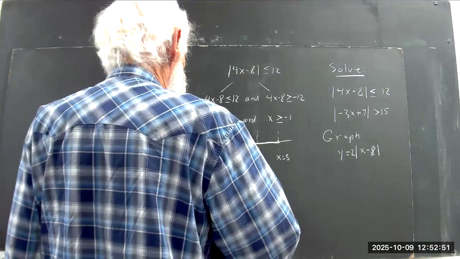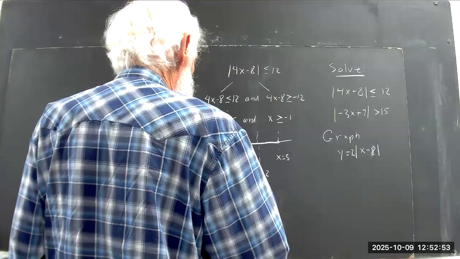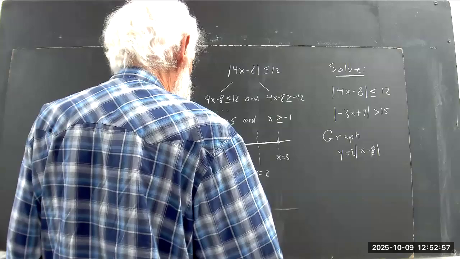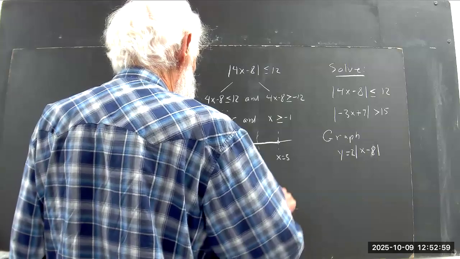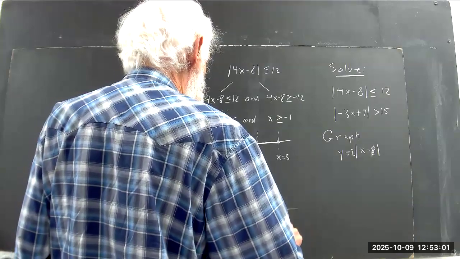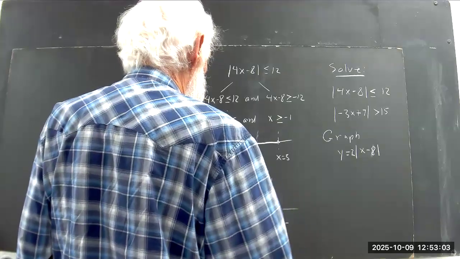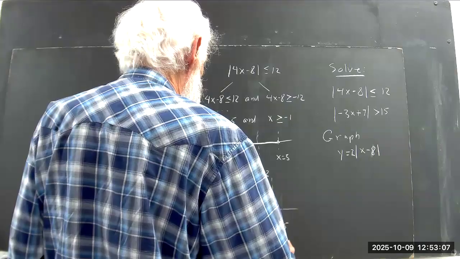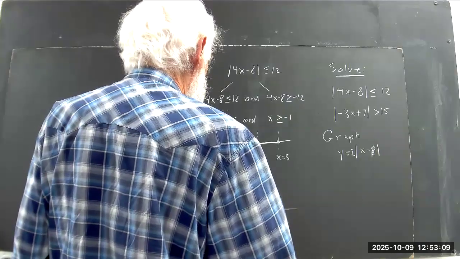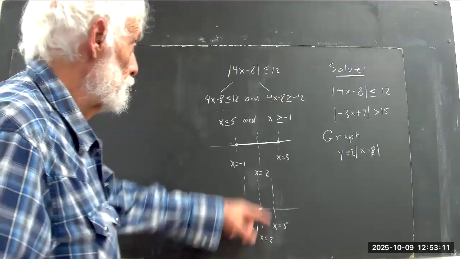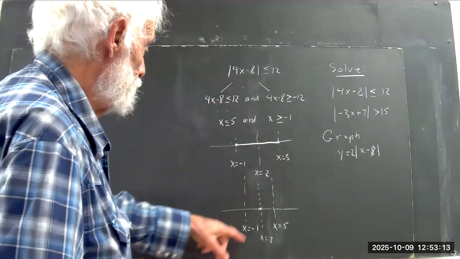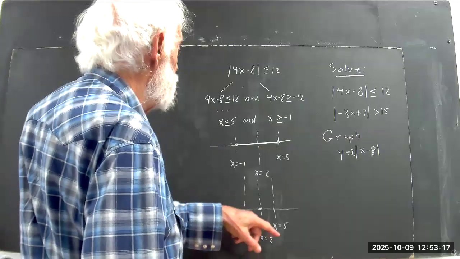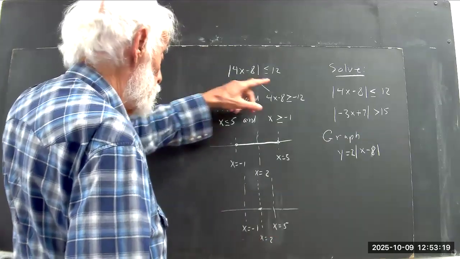You could turn that into a graph. When x equals 2, this thing is 0. So put a 0 there. When x is negative 1, this thing is 12.